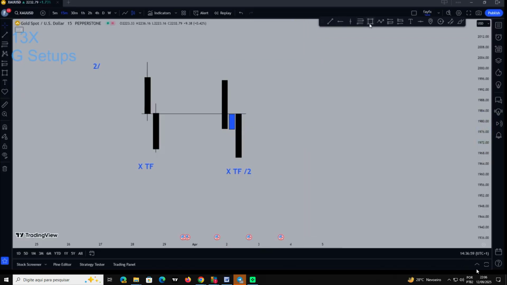Whenever you find something like this, just go for instant sell. No need for confirmation.